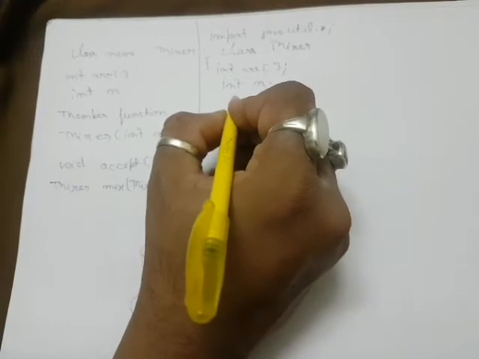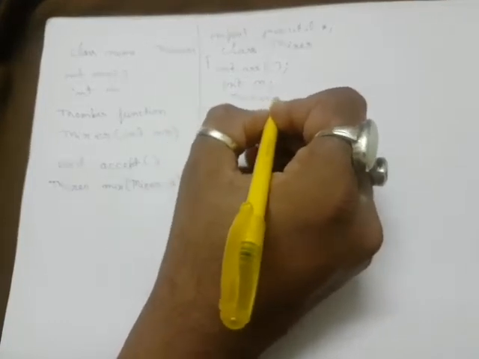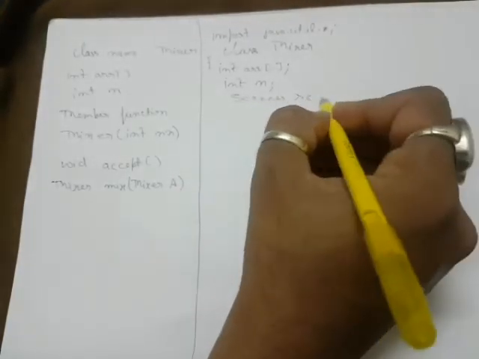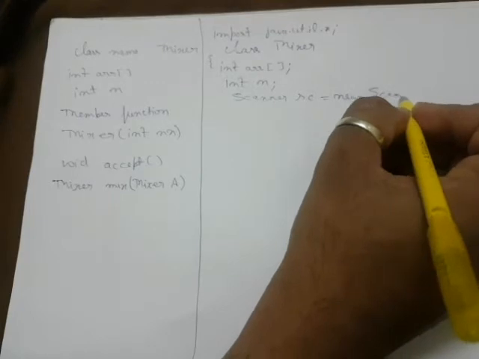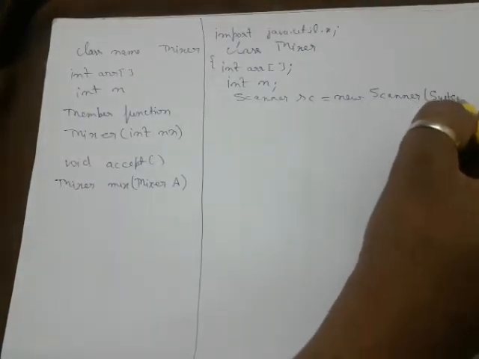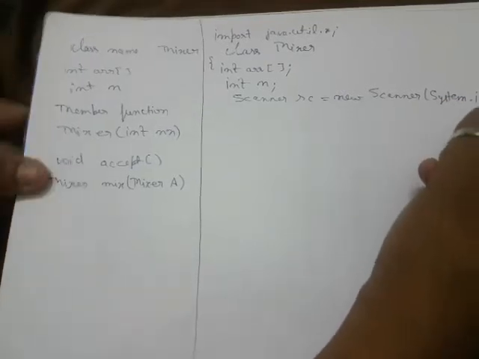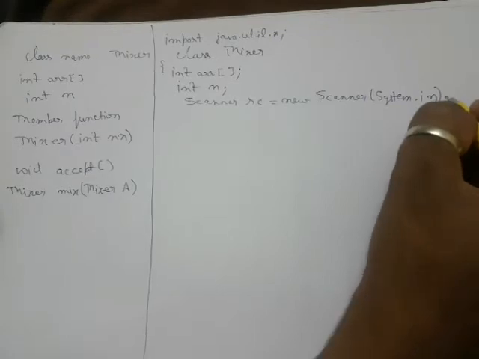So here I write Scanner sc equals to new Scanner System dot in. Alright, and then I close this.